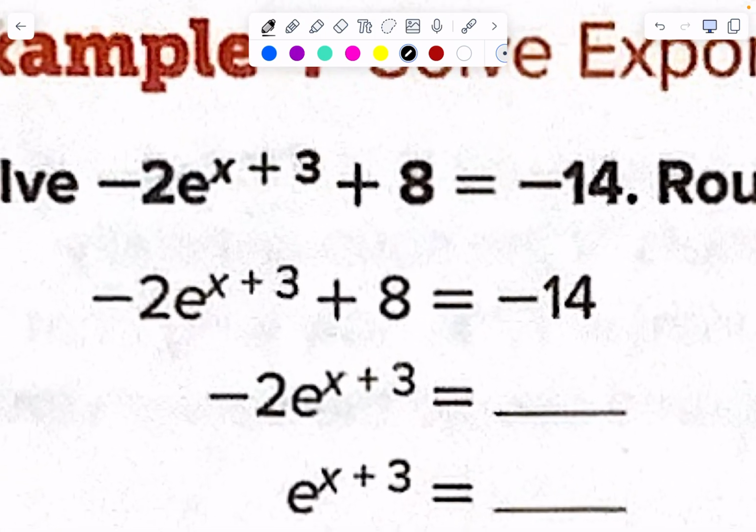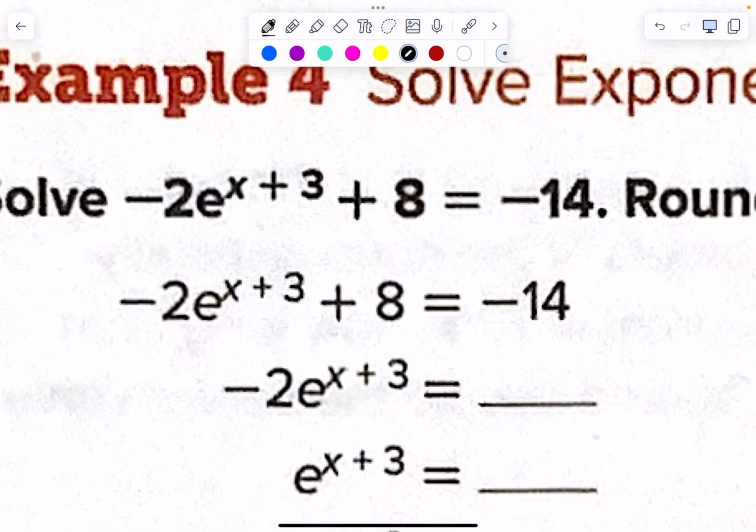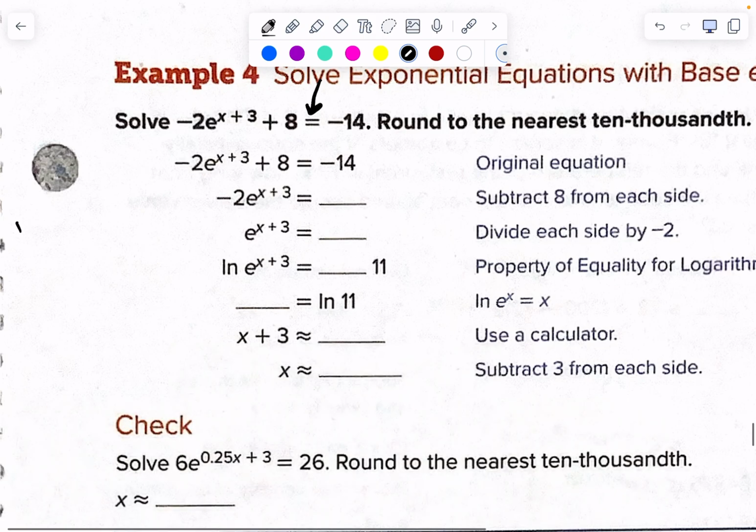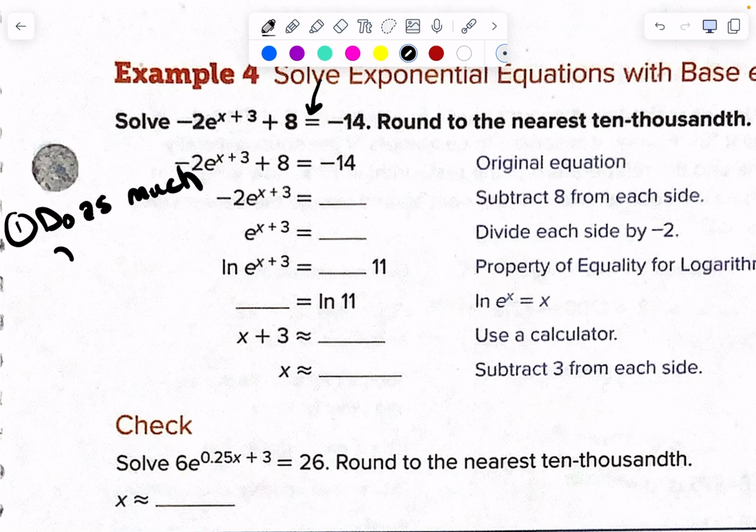Make sure you're paying attention. What I want to do first, and the rules always, when you have an equal sign, here are the rules. Rule number 1, do as much algebra as you can.